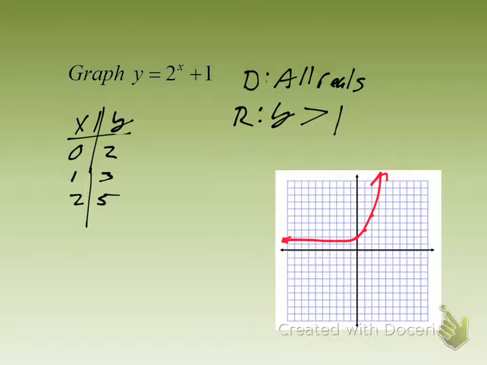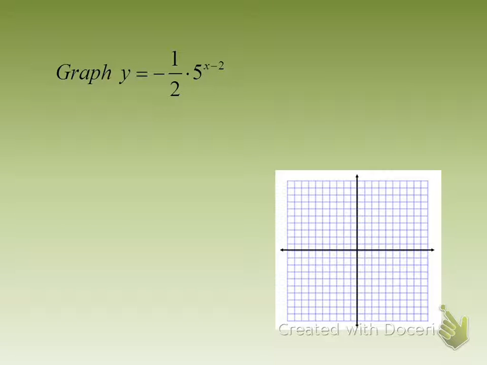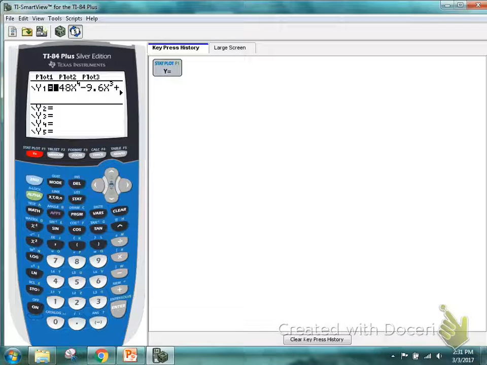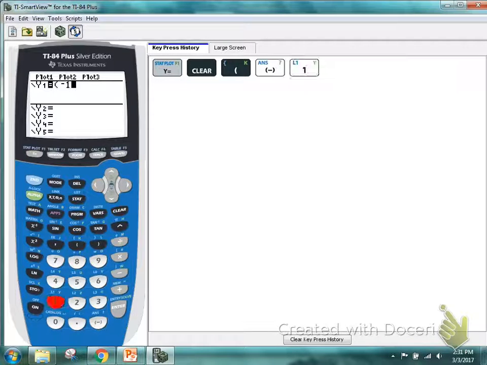Everybody good? Alright, so for negative 1/2 times 5 to the x minus 2 power, I'm going to show you how to do this, in case you didn't. Y equals, clear that mess. What I do is parentheses. Always parentheses.